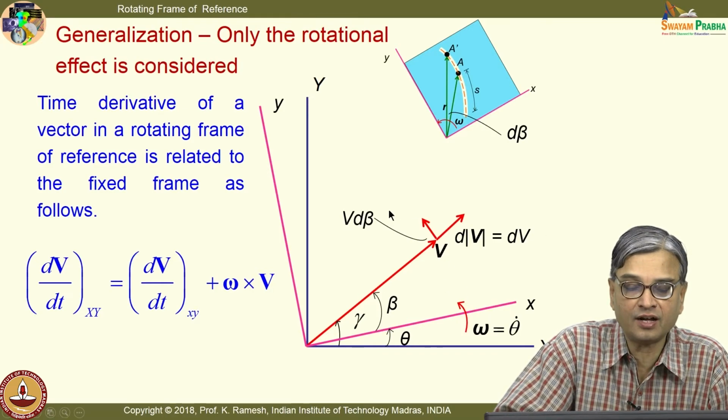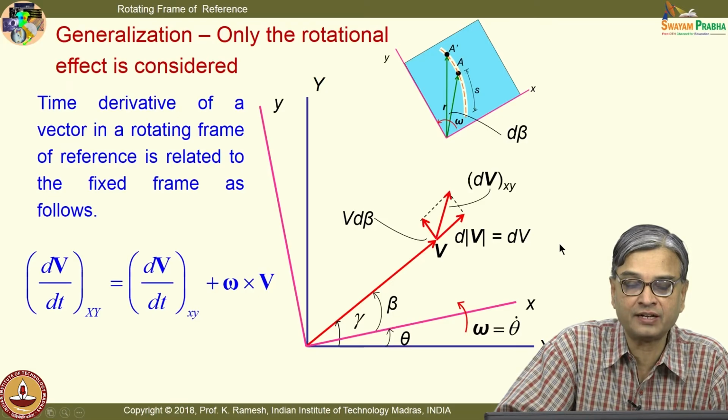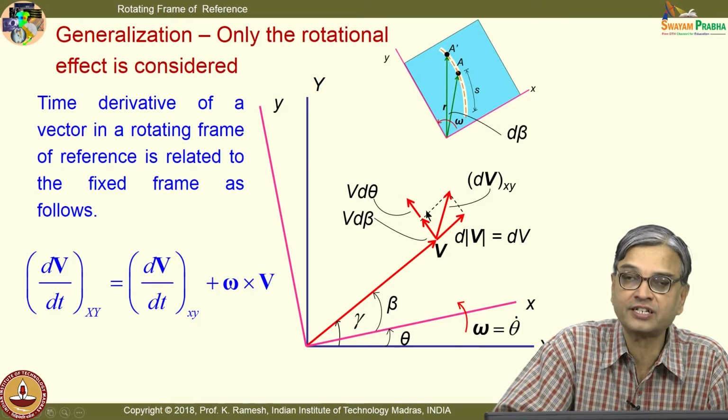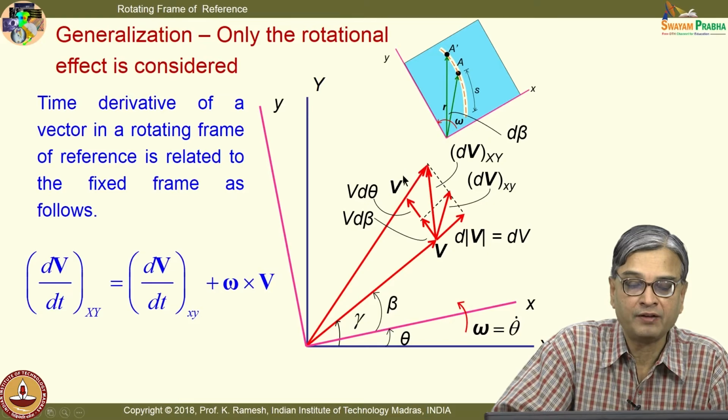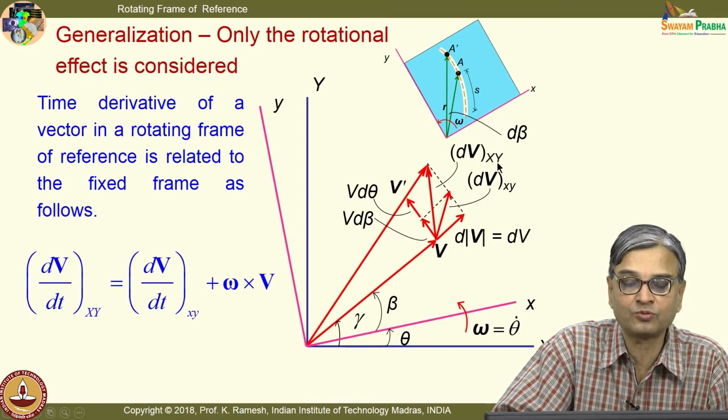A rotating observer is able to observe only this change in the vector because of the directional change, whereas a fixed observer will also see the change because of the rotation d theta. So, finally, you get the velocity vector v prime. So, from a fixed reference the person will have to have this component dvxy. From a rotating frame of reference, he would observe only dvxy, small letters written here.